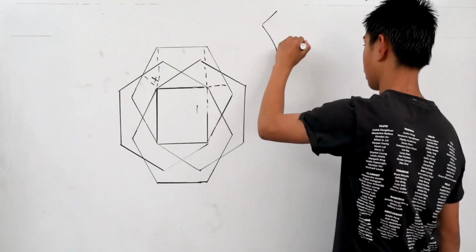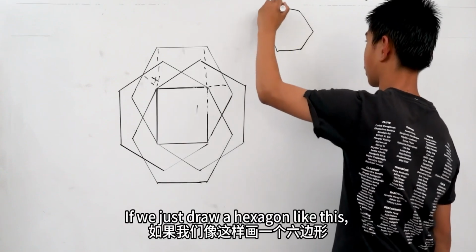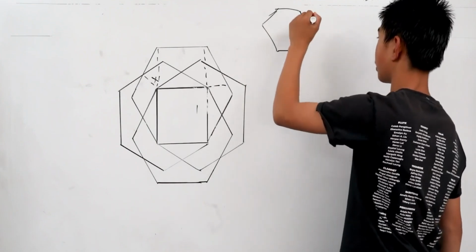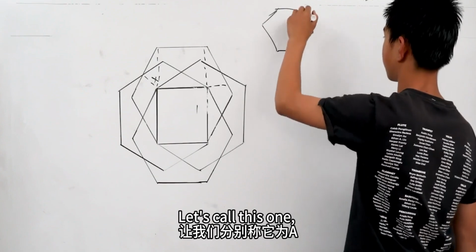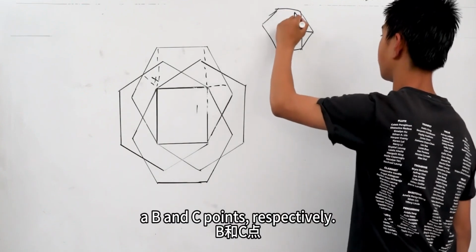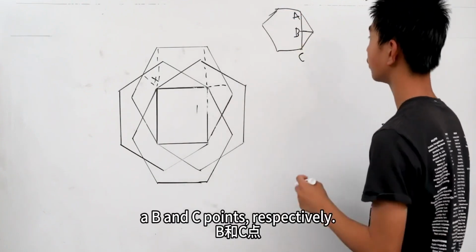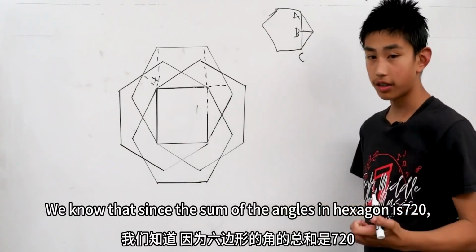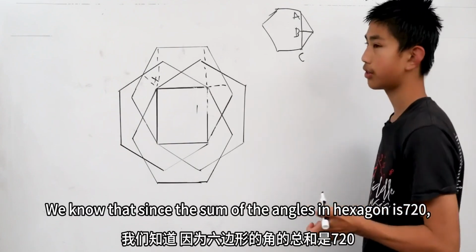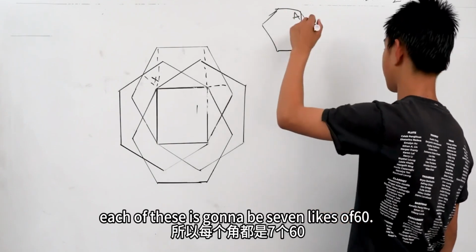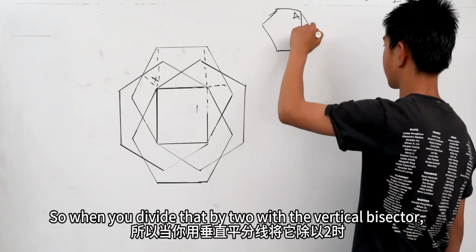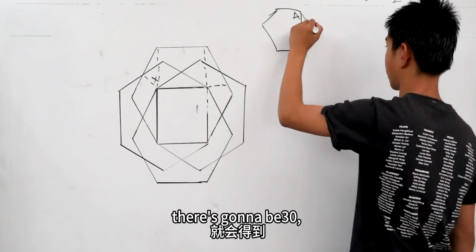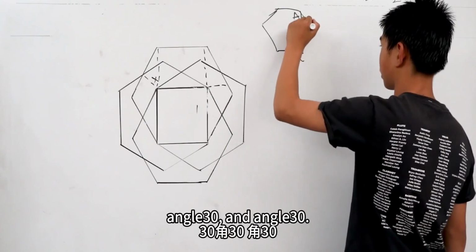Let's see here. If we just draw a hexagon like this, we note that this total length is going to be 3. Let's call these points A, B, and C, respectively. We know that since the sum of the angles in a hexagon is 720, each of these angles is going to be 120. So when you divide that by 2 with the vertical bisector, there's going to be 30, 30, and 30.